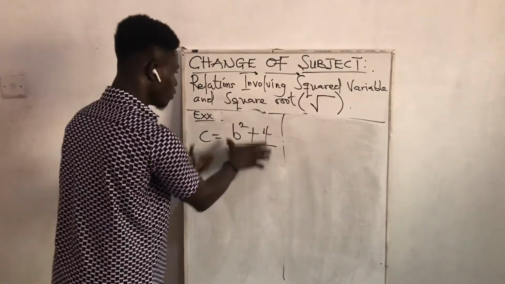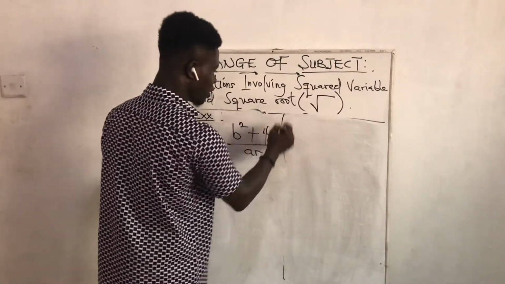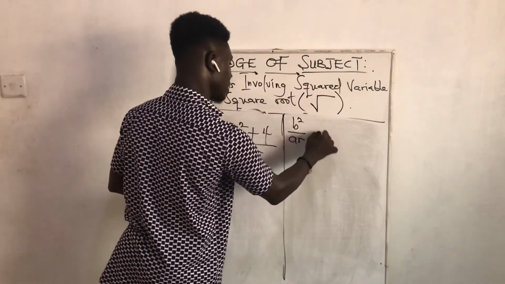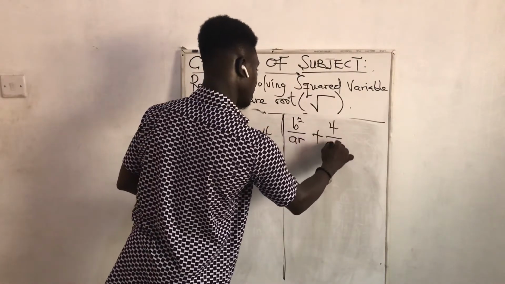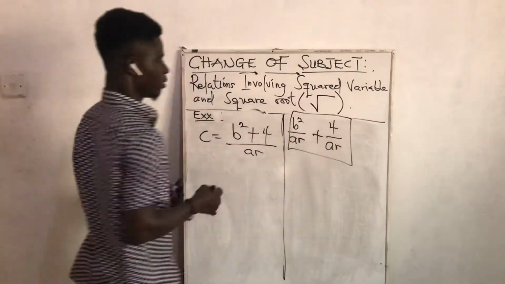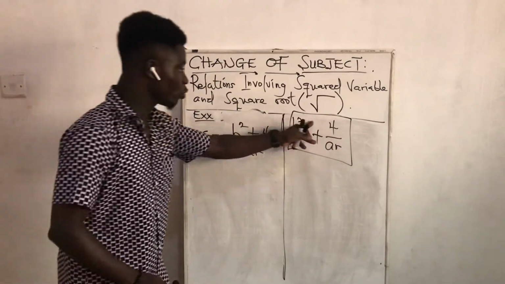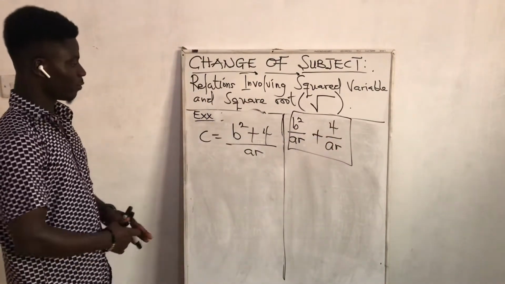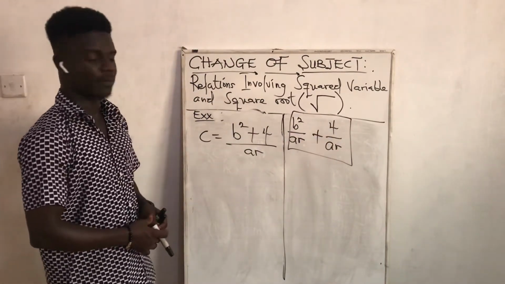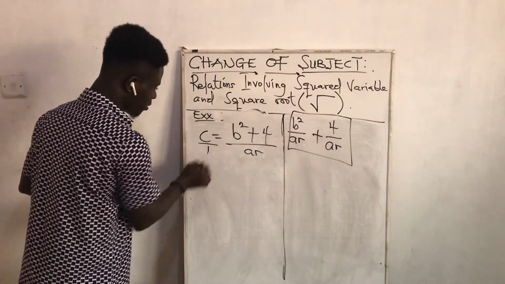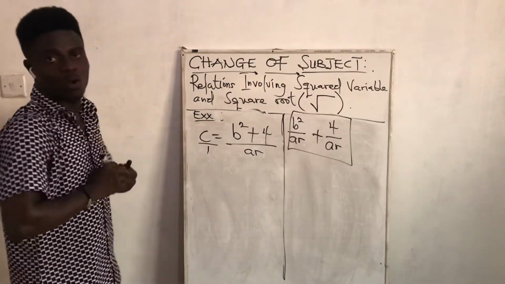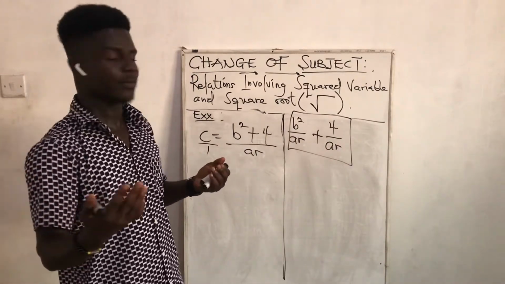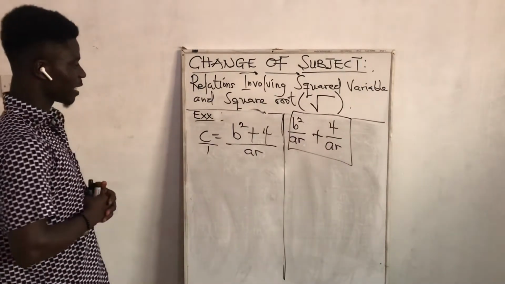If you want to simplify this, it moves further as b squared all on ar, then plus 4 on ar. It's the same thing. Here, the divisor of C is 1. 1 times what gives C? The same thing, C. So the divisor is 1.